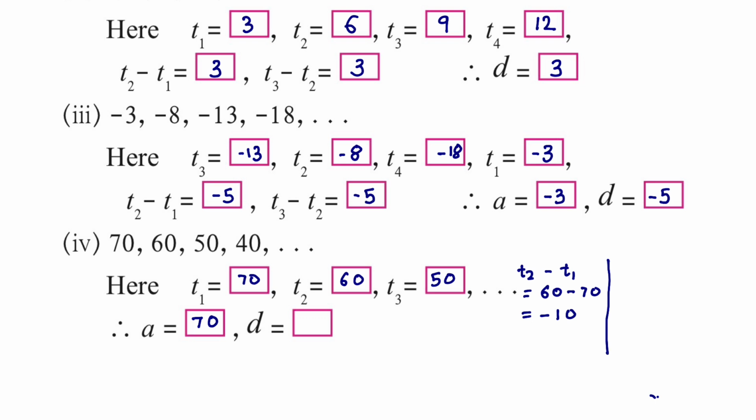Similarly, to find the difference between the next two terms, second and third, we will subtract the second term from the third term. The third term given here is 50 and the second term is 60. 60 minus 50 is again 10, but this will be negative. So we got the common difference as minus 10.